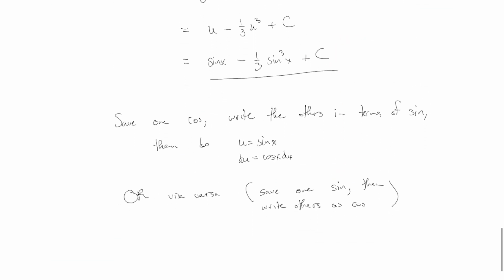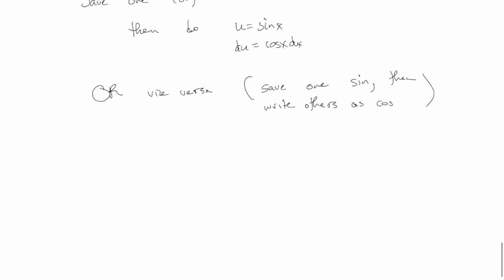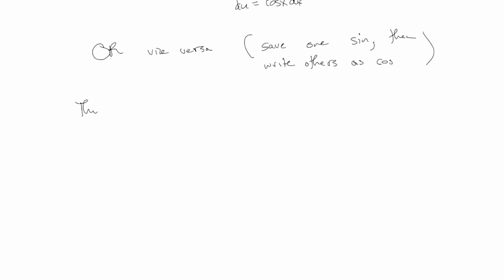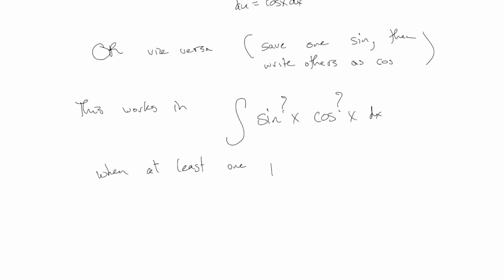So I will just say, I can do one more example, and then I got ones for you to try. So this works in something like the integral of sine to some power x times cosine to some power x, when at least one of these powers is odd.